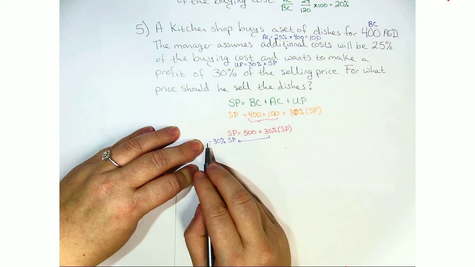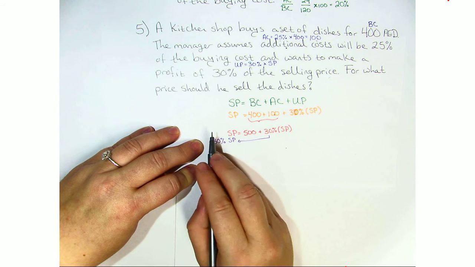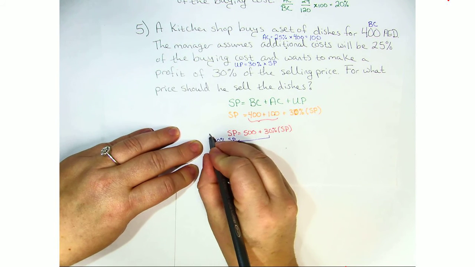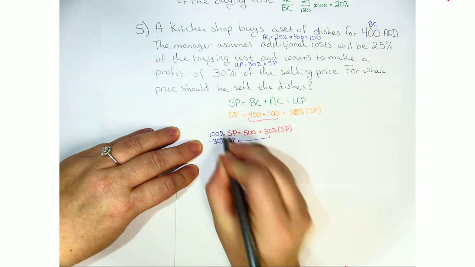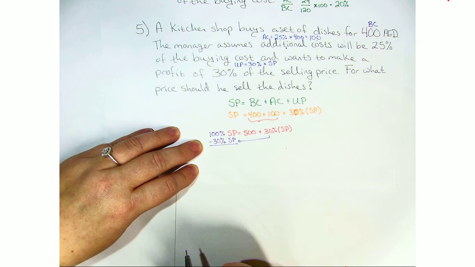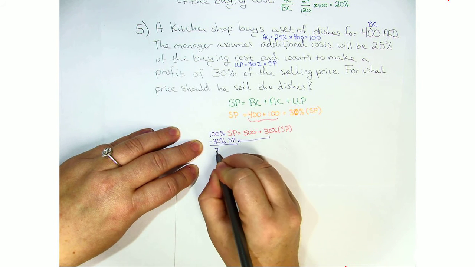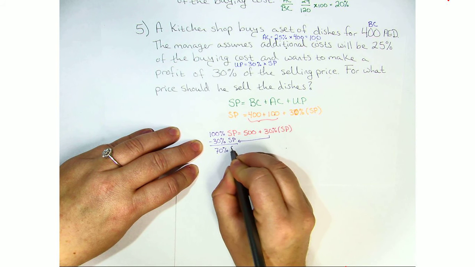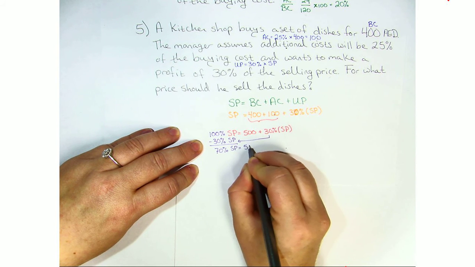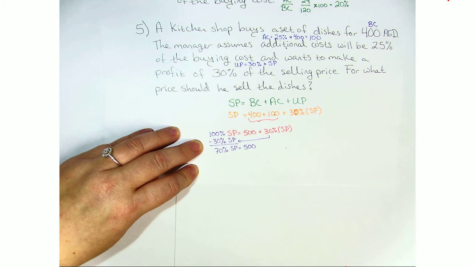Now remember, there's always a 1 implied in front of any variable, and 1 as a percent is 100%. Once we do that, it gets a lot easier to solve. 100% minus 30% is 70%, and that equals 500 dirhams.